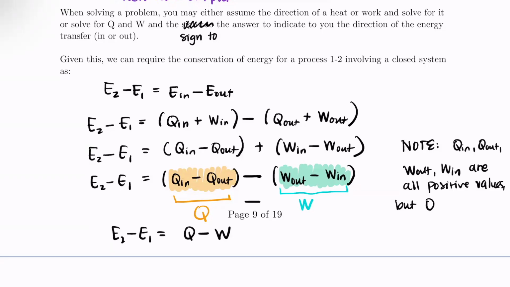But Q and W can be positive or negative. Okay, so if you end up with a negative sign, it just means that you have made the wrong assumption when you made your drawing. So you called something that was a Q in that should have been a Q out, for example. Okay.